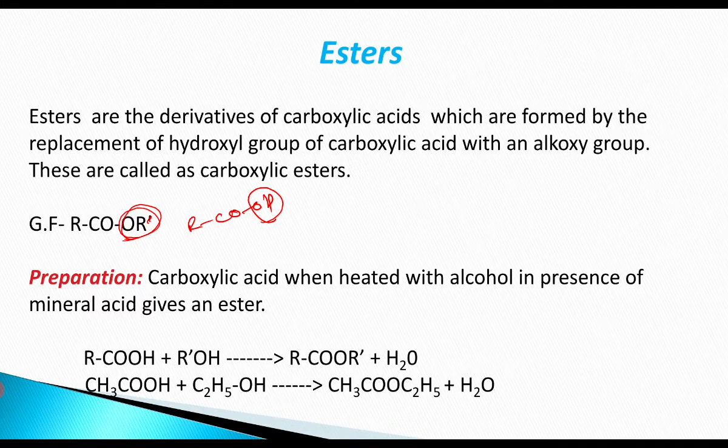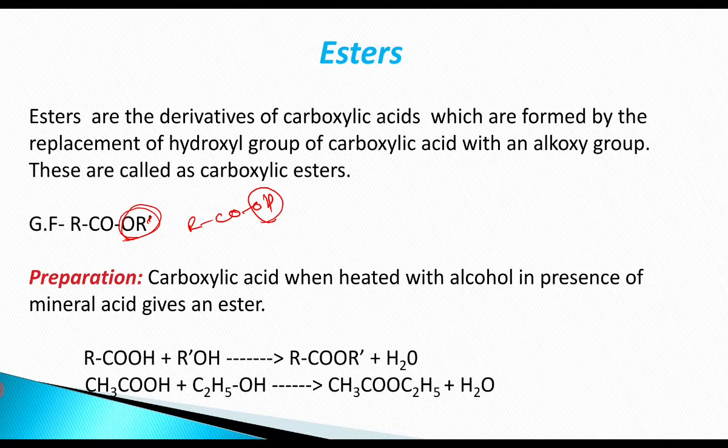Among all these acid derivatives, esters are the most important type because they are widely present in nature, and they are responsible for the pleasant odor and flavor of many fruits and flowers.